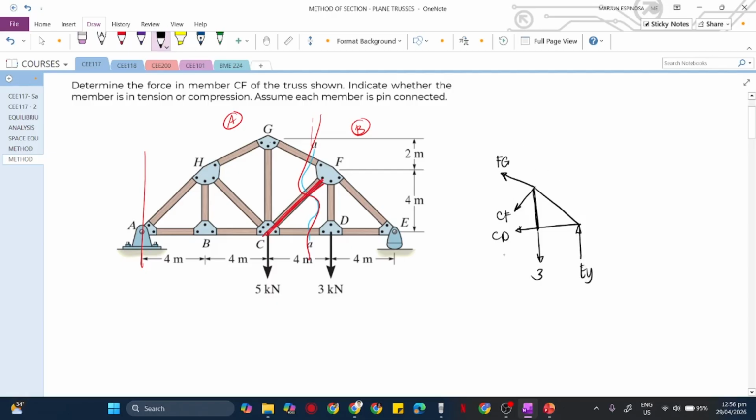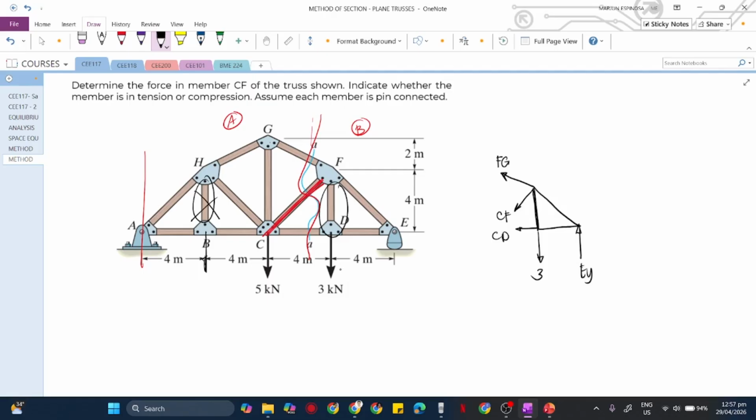Now, I said earlier that most of the time, in the method of sections, what we will really use is the summation of moment. But first, we need to determine which member here we think is a zero force member. This one has no force here, so therefore this is a zero force member.